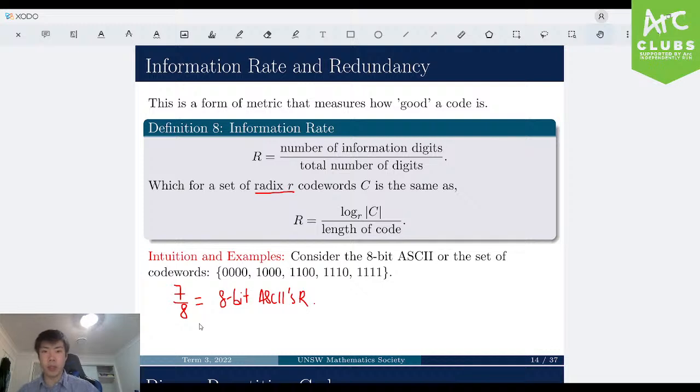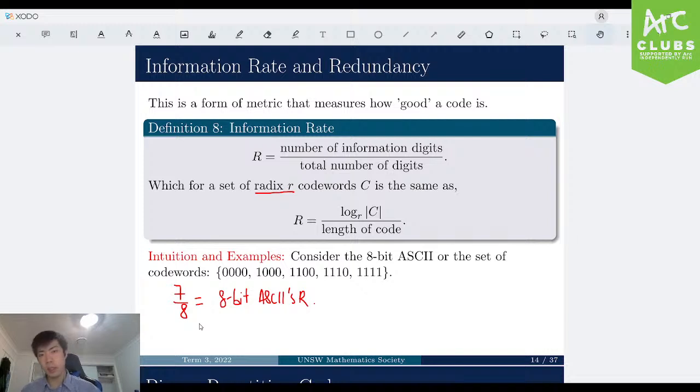Well, the length of the code is 8 bits, right? But the first bit in these 8 bits is used just as a check bit. It doesn't convey any information. It's only there to ensure that we can have some level of detection of errors. Whereas the following 7 bits are what convey the information, which is why we have 7 over 8. There's one check bit, and the remaining 7 digits are used to convey information. So there's 7 bits of information over 8 bits of total length.